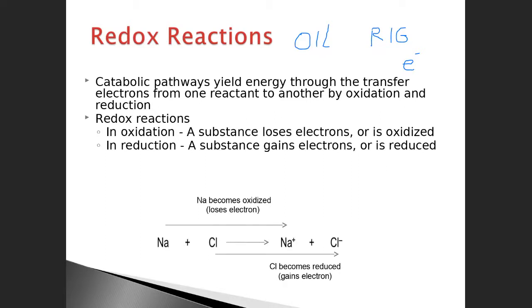Hydrogens are the most important of the atoms when we talk about cellular respiration because they're the ones who carry the electrons. Now, all atoms carry electrons, but hydrogens are the ones that want to liberate them.